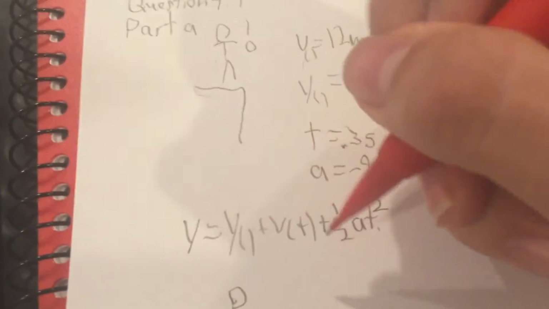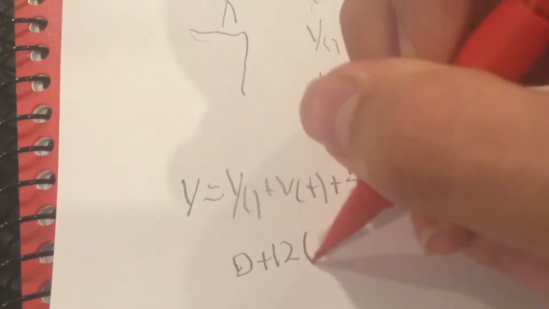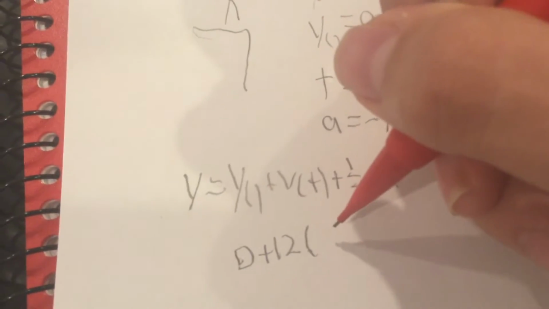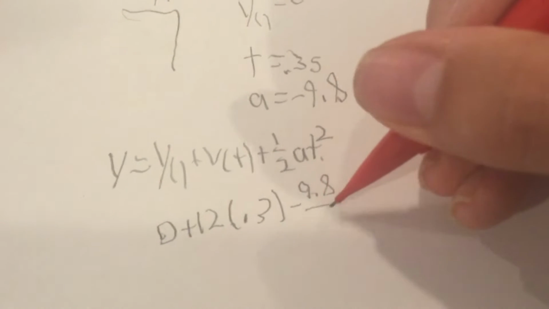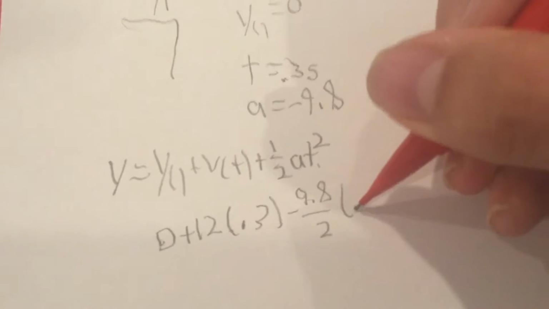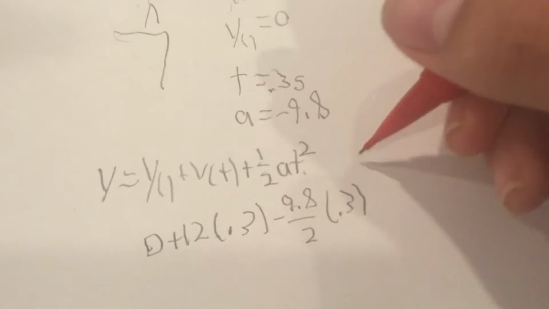We know v naught is 12. t is 0.3 seconds. a is negative 9.8, over 2, times 0.3 squared. Now I'll plug that into my calculator and see what I get.